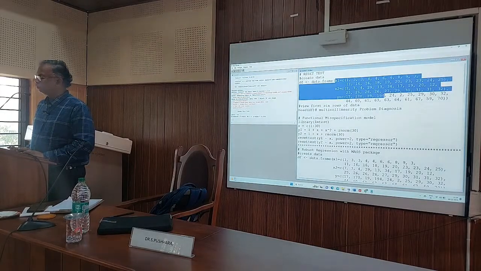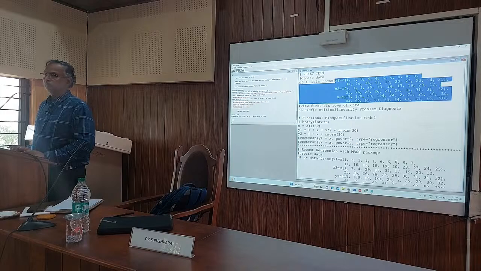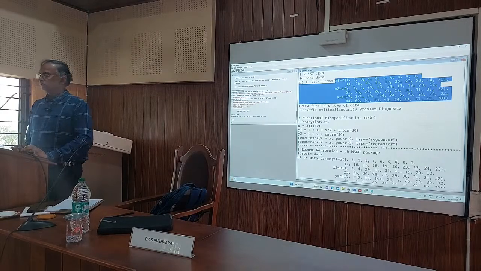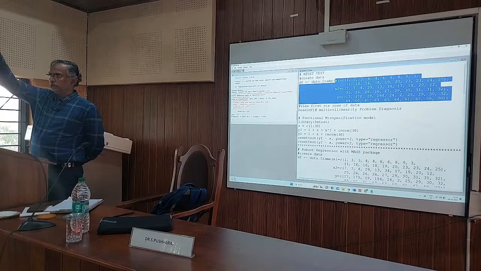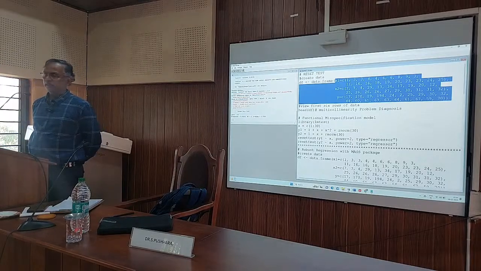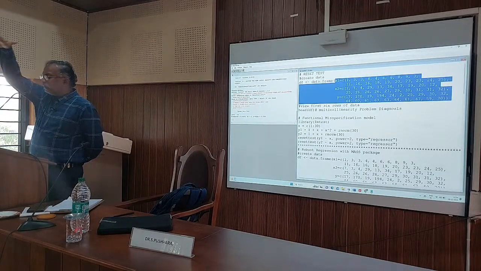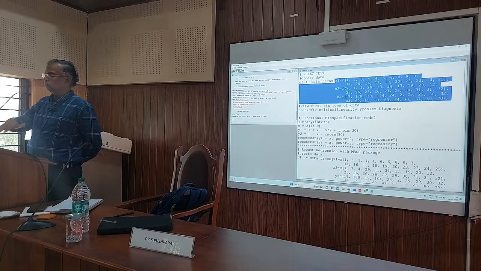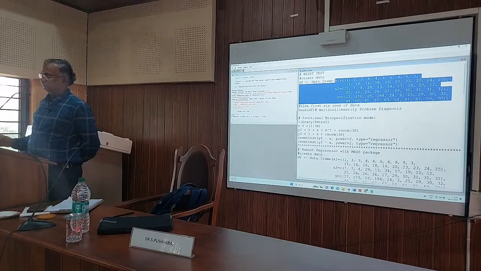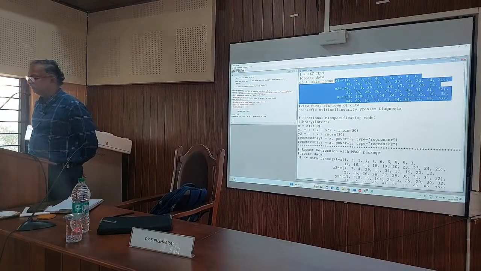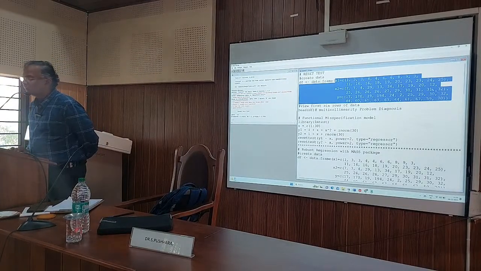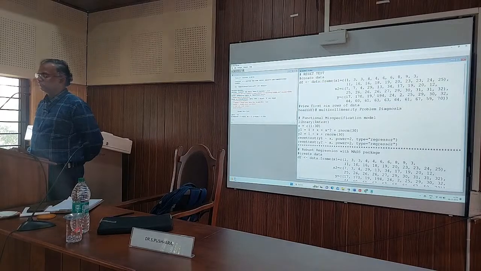I convert them into one data frame. This will look like your usual CSV file, right? X1 will have all the values, X2, that column, and Y is also given. So three column data is given, right? So this data is created.